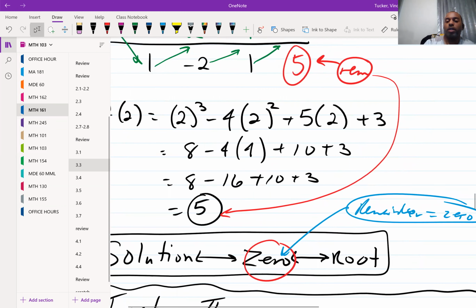The reason they call our solutions zeros is because when you plug them into your function, you'll get 0. That also means if the remainder is 0, if you plug it into the function and get out 0, the remainder is also 0. So that's why they call solutions zeros, and that's why in this chapter you will see the term zeros.